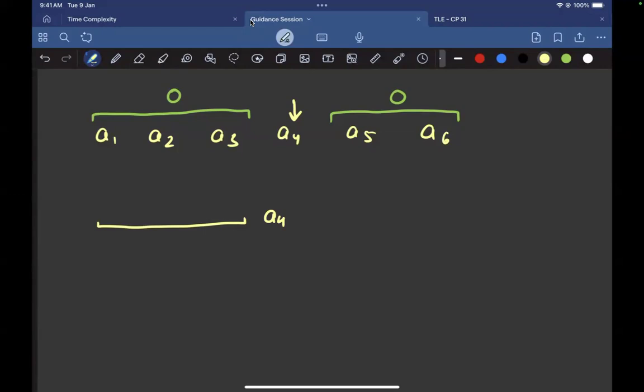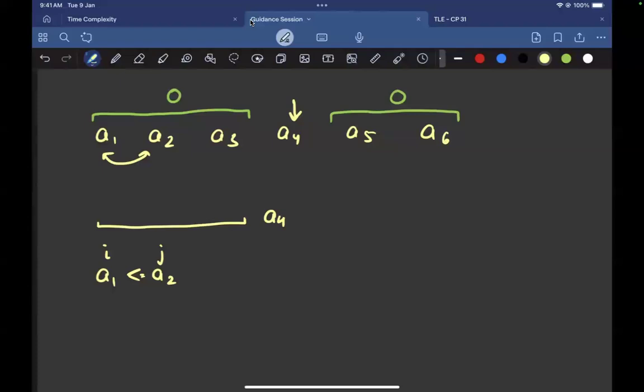Let's say I pick up these two elements, A1 and A2. Now, if A1 is less than or equal to A2, then I can make A1 as i and the A2 element as j.